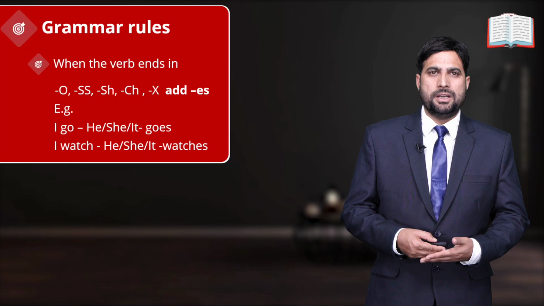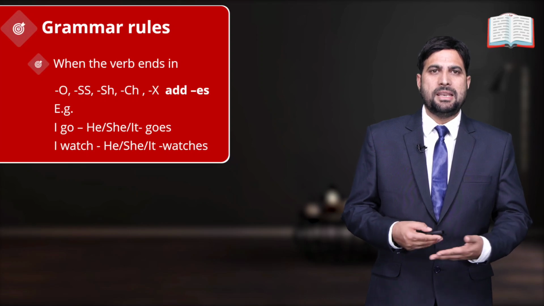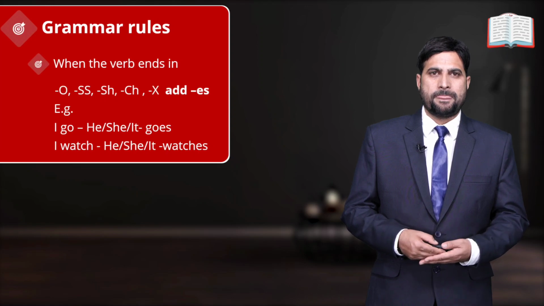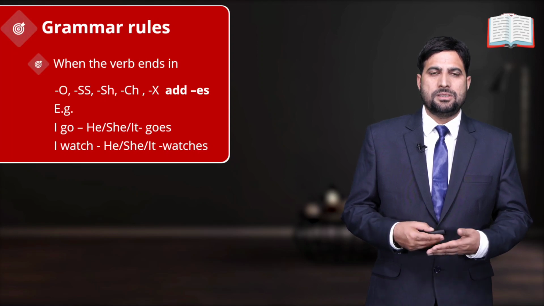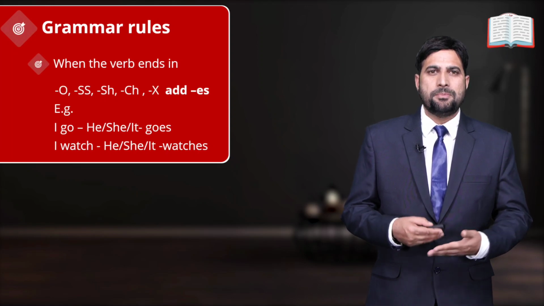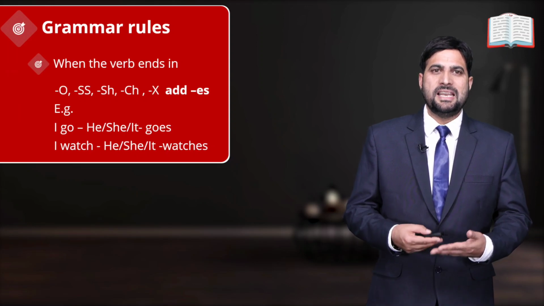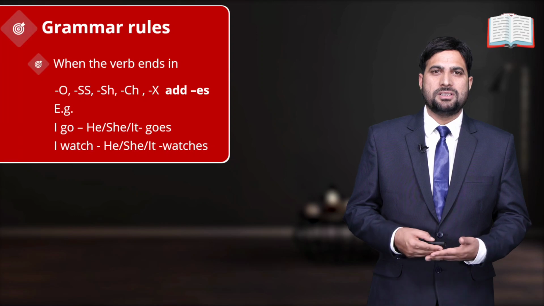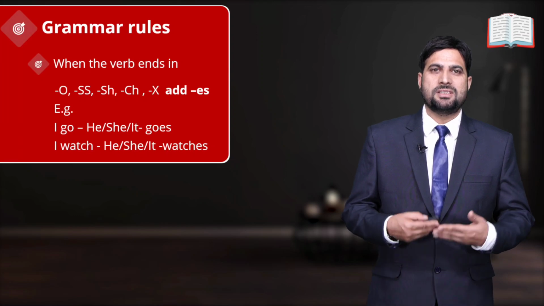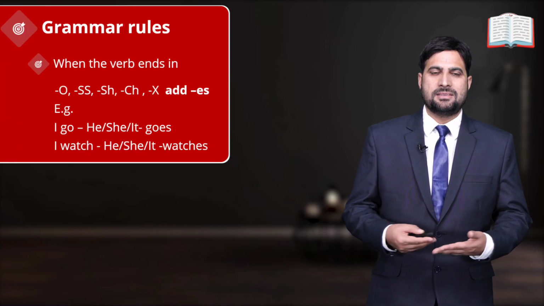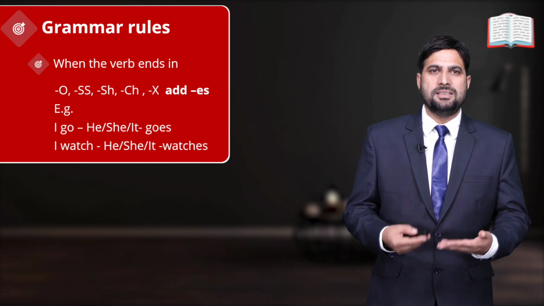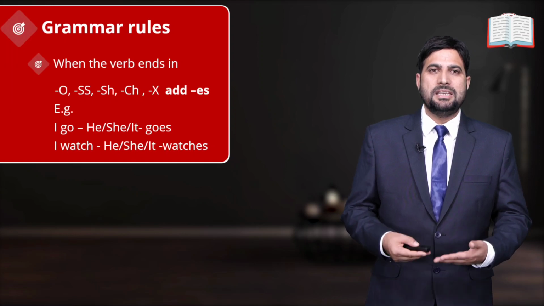If you see the word which has double S at the end, suppose cross, crosses, SH, suppose brush, I brush, he brushes, you brush. CH, watch, I watch, he watches, she watches, it watches. X, box, boxes. So remember these words.